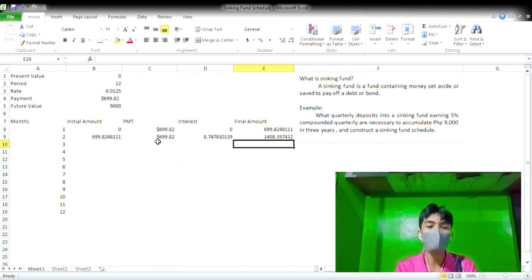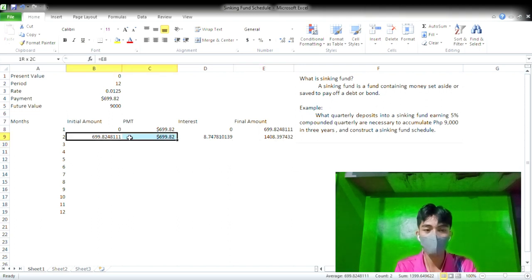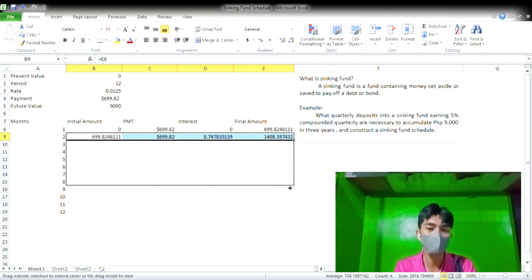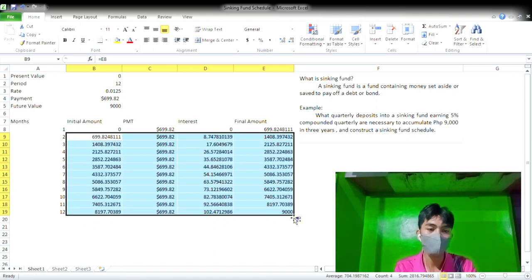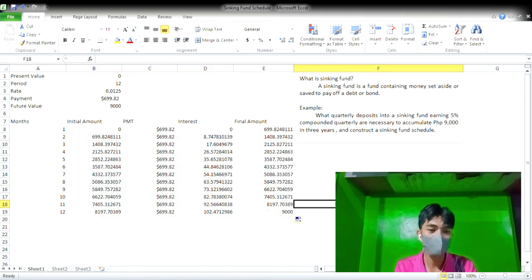Instead of putting all the values manually, we can highlight this second period and then drag this down to 12. So that's our final amount in the 12th period.